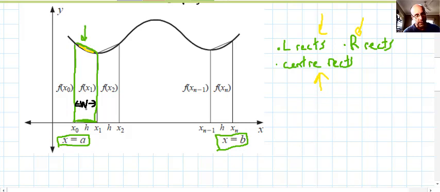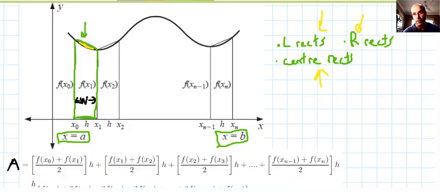As that gets narrower and narrower, we need more and more strips, but the accuracy tends to improve a great deal. So the formula comes from adding all of these trapezia areas together, and you can see down the bottom of your screen we've got a way of putting it together. So f of x0 is when we put in the x value in line with that spot there, which is the same as a.